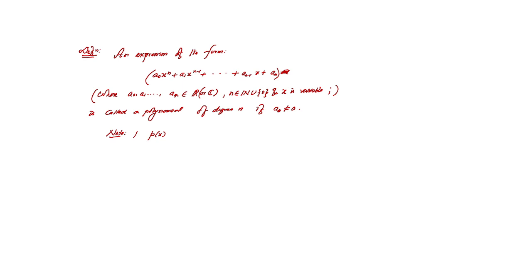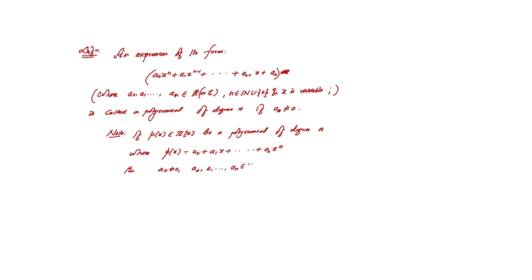If p(x) belongs to Z[x] be a polynomial of degree n, where polynomial p(x) equals a0 plus a1x plus ... an x to the power n, then a0 is non-zero and a0, a1, ..., an all are basically integers.